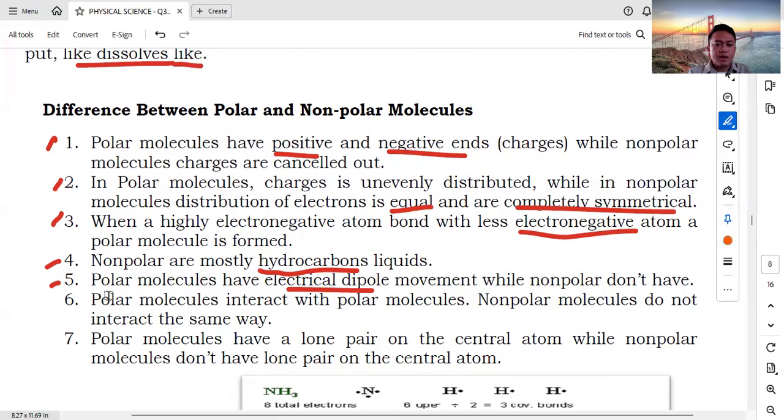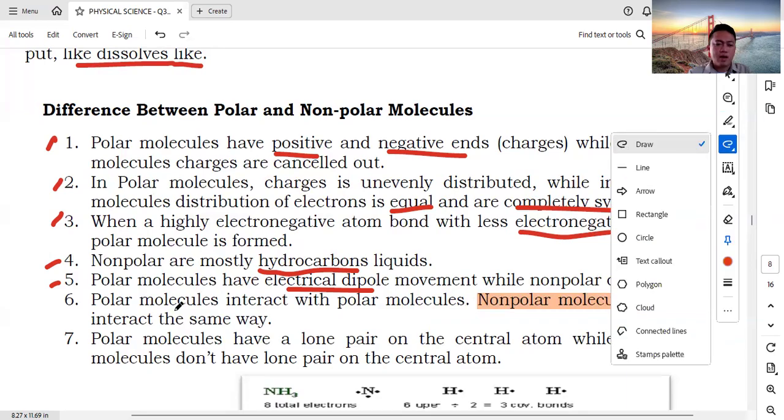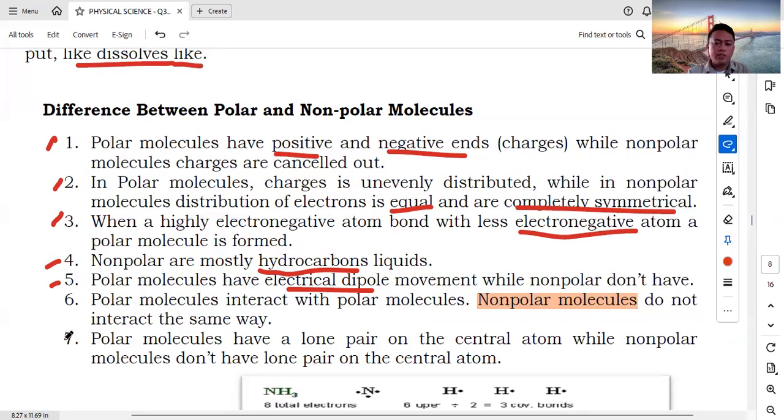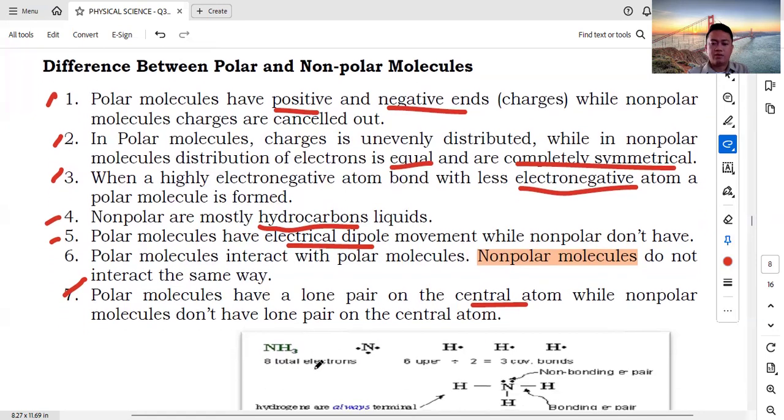Number six, polar molecules interact with polar molecules, while nonpolar molecules do not interact in the same way. And number seven, polar molecules have a lone pair on the central atom, while nonpolar molecules don't have a lone pair on the central atom.